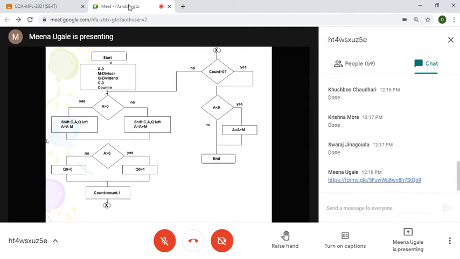Now here in the first step, first condition, consider A greater than or equal to 0. It is written only greater than, you consider greater than or equal to 0. Equal to sign also consider there.